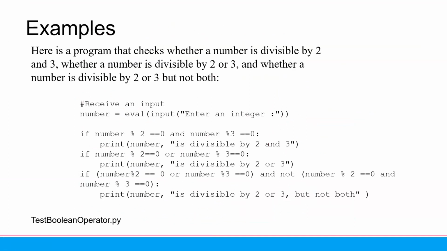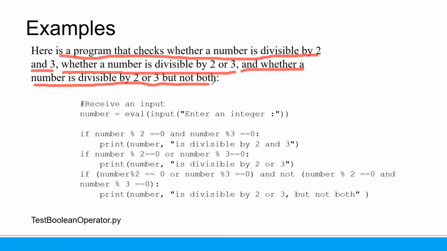Now, let's check. So let's make a program. It is to check whether a number is divisible by 2 and 3, whether a number is divisible by 2 or 3, and whether a number is divisible by 2 or 3 but not both. Okay, maybe it is a little bit complex.